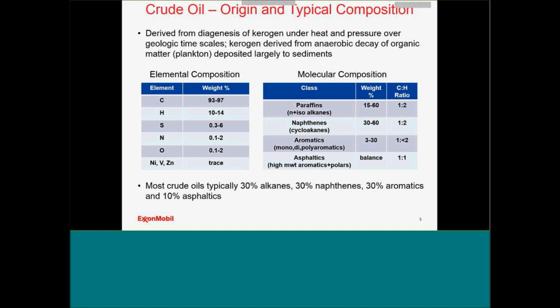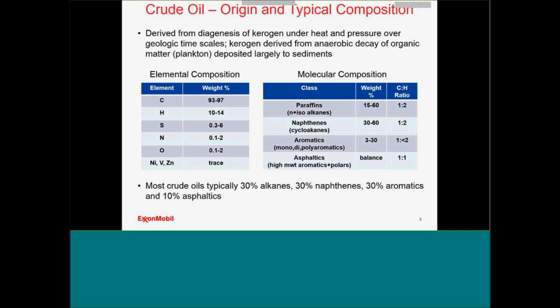The molecular composition consists of paraffins, which include linear and branched alkanes, naphthenes that are comprised of cycloalkanes containing one or more saturated rings, and aromatic hydrocarbons that are comprised of molecules with one or more aromatic rings.